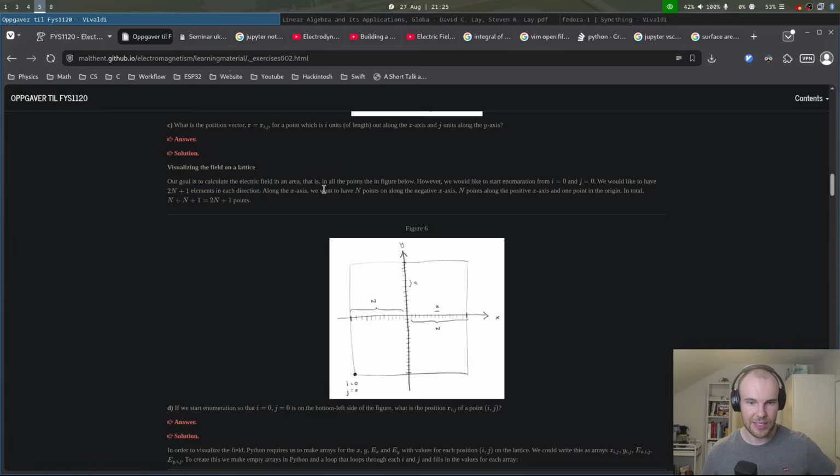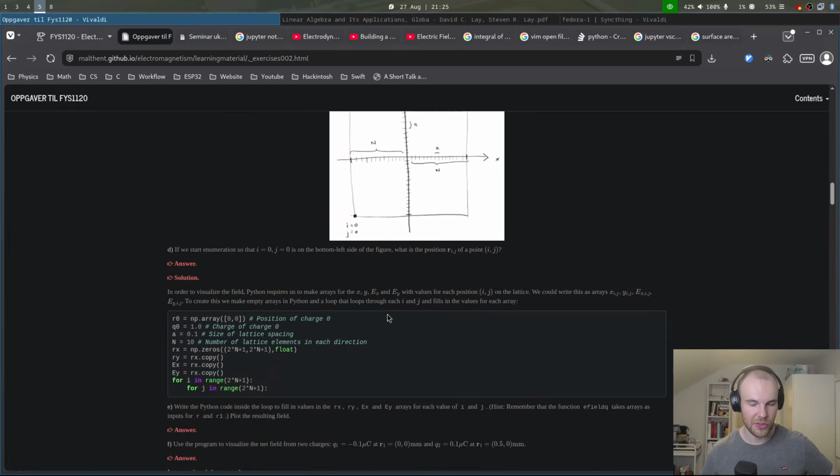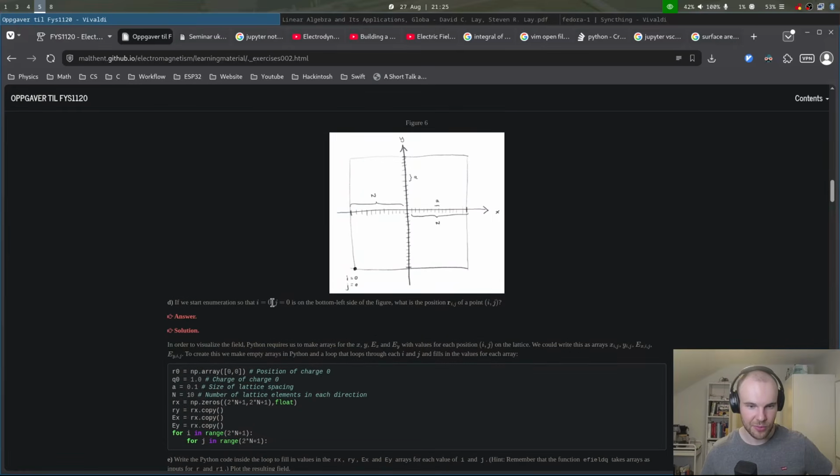Along the x-axis, we want to have n points along the negative x-axis and n points along the positive x-axis. In total, 2n plus 1 points. If you start the enumeration, what is the position r_i of a point?